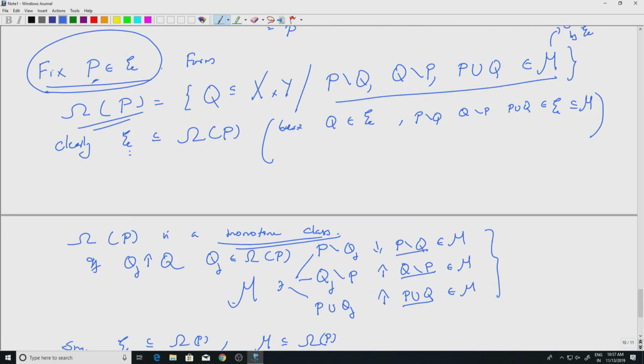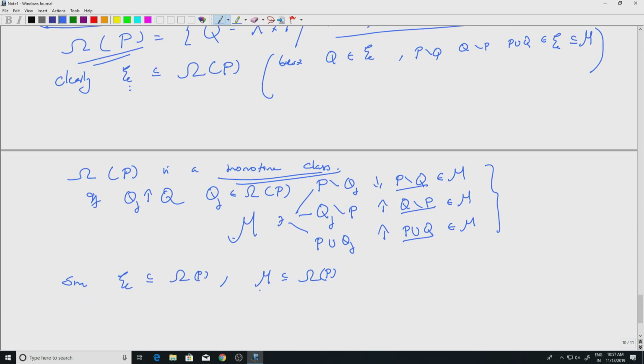So consequently, if Q is a script M set, that means it is in the monotone class, and P is something in the elementary set, what we have is Q minus P, P minus Q, P union Q are in script M. Okay.